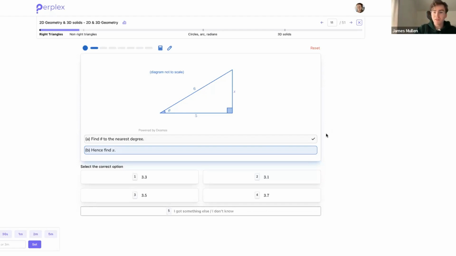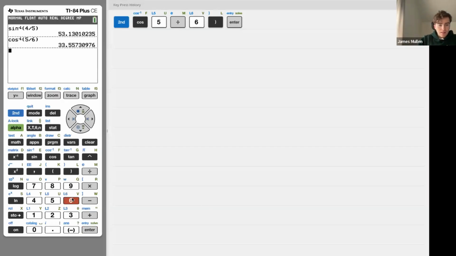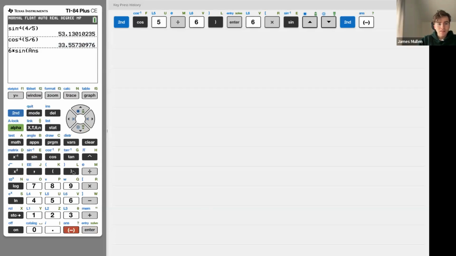And theta is the angle we just found, so I go back to my calculator and type in 6 times sine. To get that answer back, you can either scroll up and hit enter, or you can use second and answer to substitute in the last value your calculator spat out. And I'm going to get 3.31.